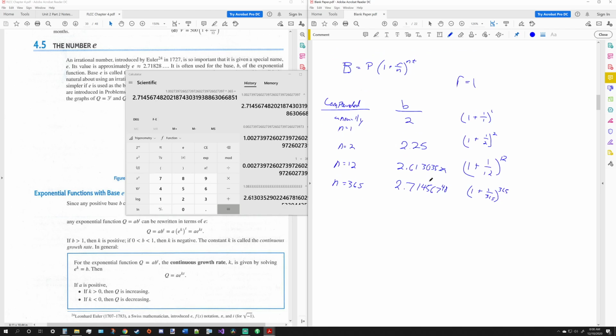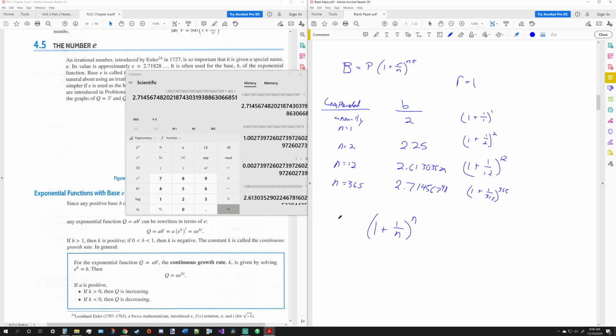And that's the idea of a limit, remember. So a limit is a value that a function approaches. So what I could talk about here is what we're doing in this formula, which is taking this part of the formula and changing the n value, right? That's all we're doing here.